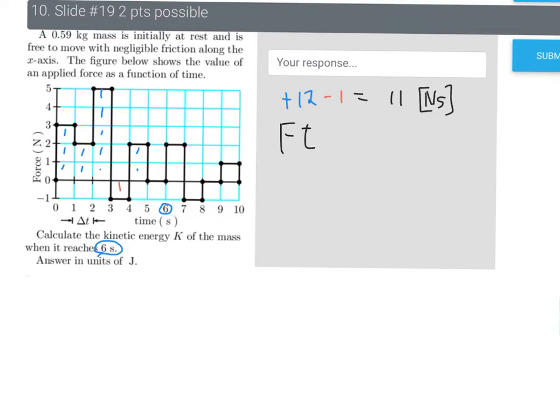Now, here's where we're going to have to be a little bit creative. So, what can I do to translate this into something kinematics? Well, we know that force is equal to mass times acceleration. So we know F is equal to m times a. Alright, so if I'm solving for a, then that means force divided by mass would give me a.